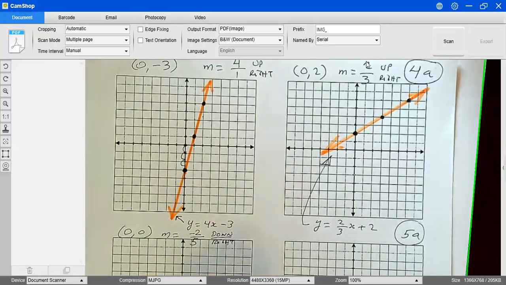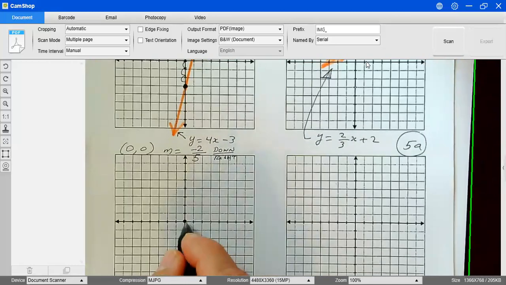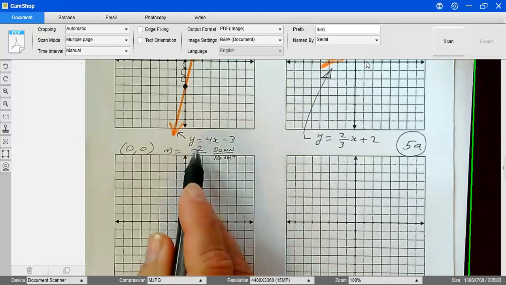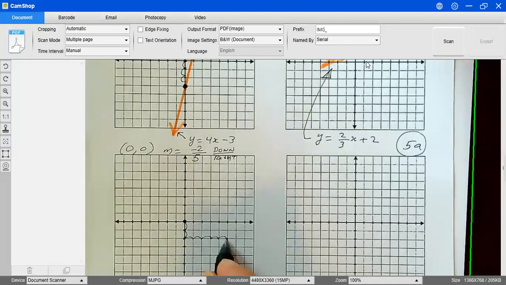So let's start at 0, 0. 0, 0 is here. So I need to go 2 units down and 5 units right. 1, 2, 3, 4, 5. So that's a point. Then again, 2 units down and 5 right. So 1, 2, 3, 4, 5 is going to be around here.